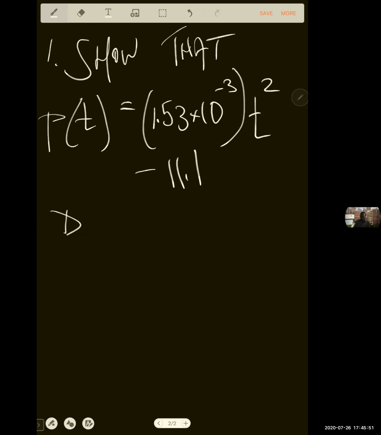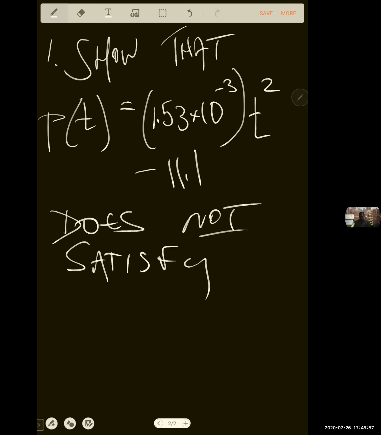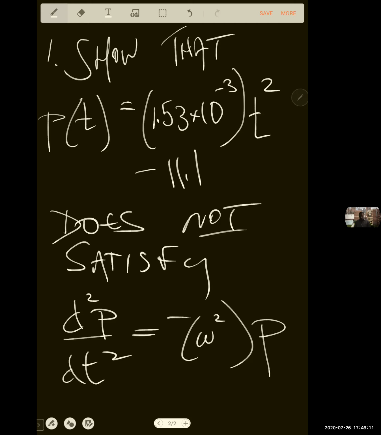But whatever it is, I want to show that this does not satisfy the conditions that it would need to in order for this to be a harmonic oscillator. In other words, I want to show that this does not satisfy d2p/dt2 equals some constant times p, like that.